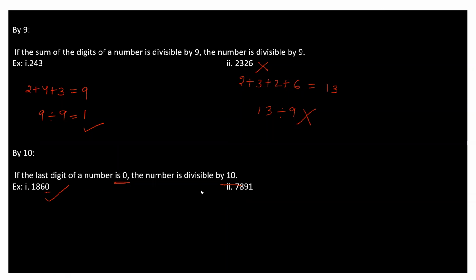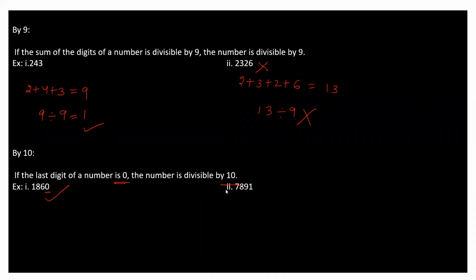The second example, 7,891. Here the last digit is 1. So it is not divisible by 10.